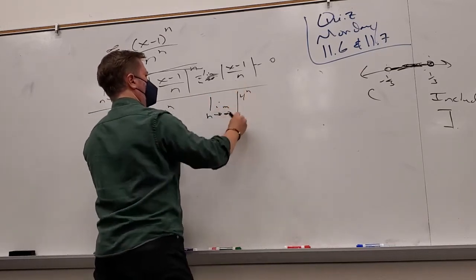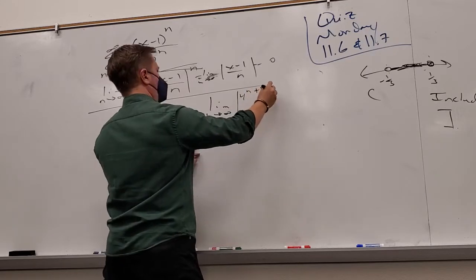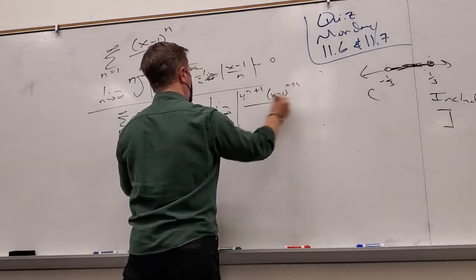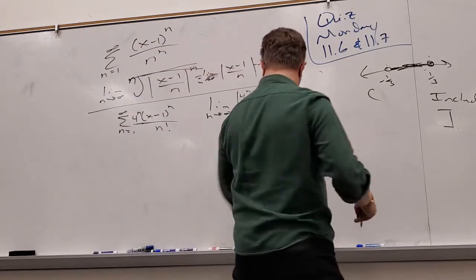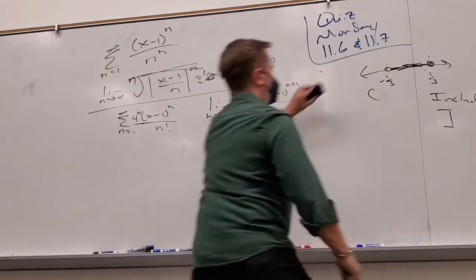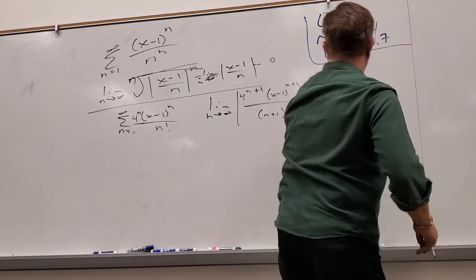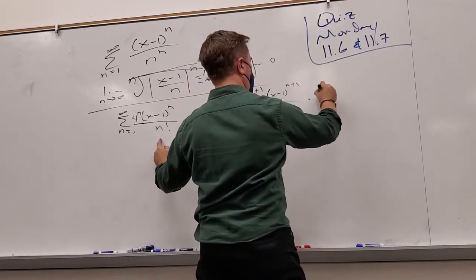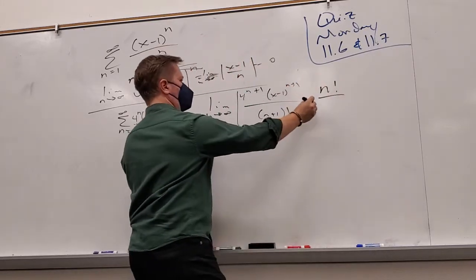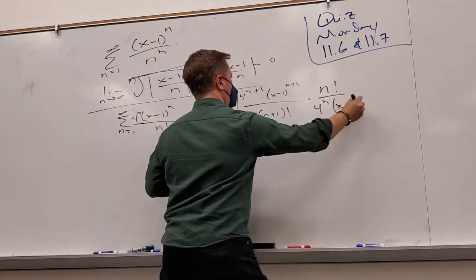So it'll be 4 to the n plus 1 times x minus 1 to the n plus 1 over n plus 1 factorial, times n factorial over n minus 1 to the n.